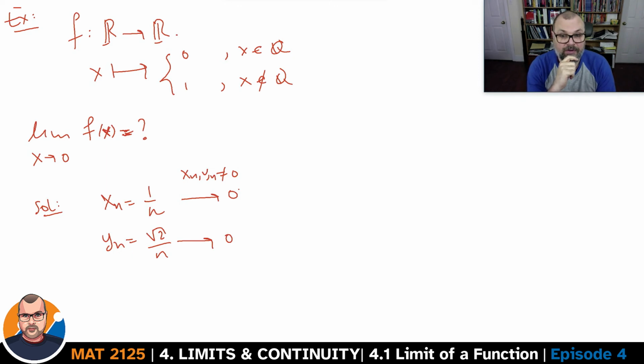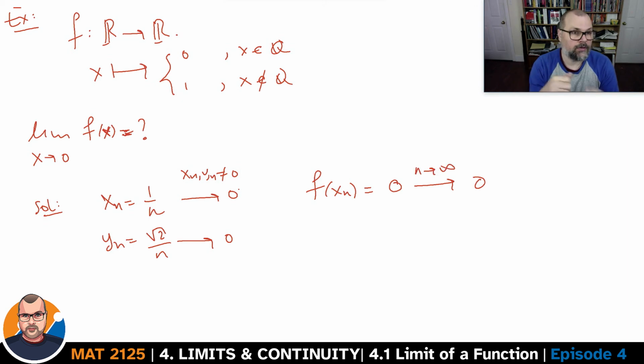Now, what about the sequence f at xn? So xn is 1 over n, that's rational, so f at xn is 0, and this converges to 0 when n converges to infinity. And f at yn is going to be 1 because yn is irrational. We've shown that the square root of 2 is irrational. So this converges to 1 when n goes to infinity.